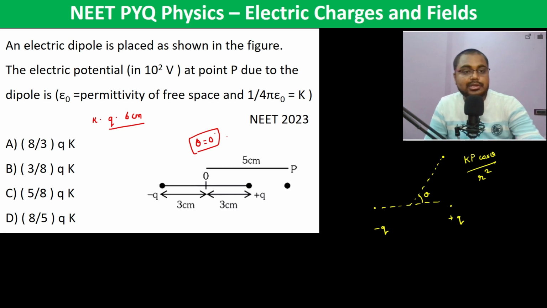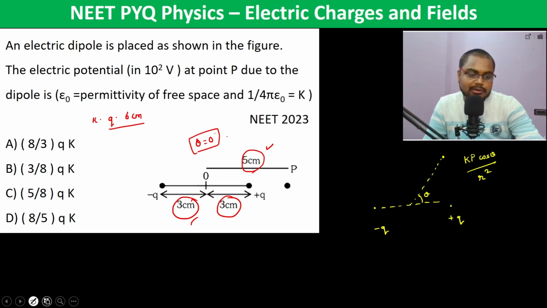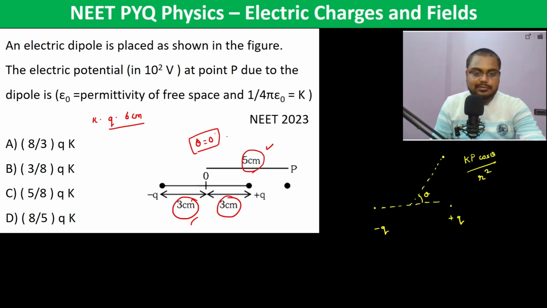Now very interestingly, we have everything in terms of centimeters. Here we can calculate very straightforwardly. It's going to be kq by r, so minus kq by 8 plus kq by 2.